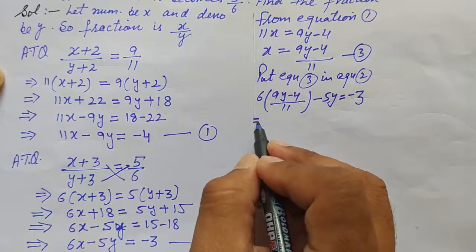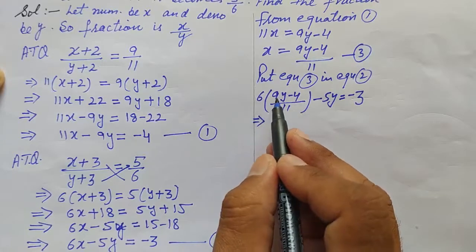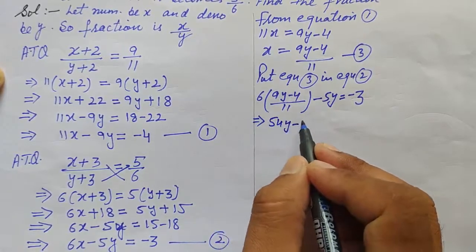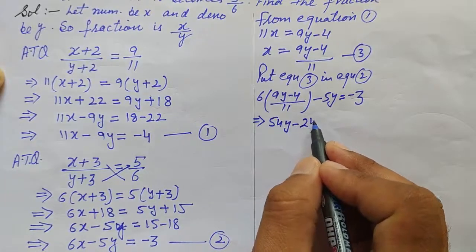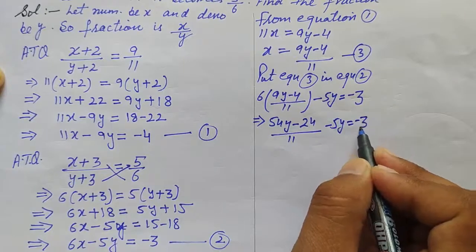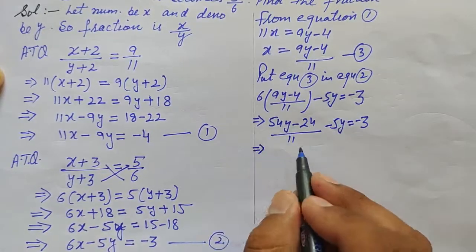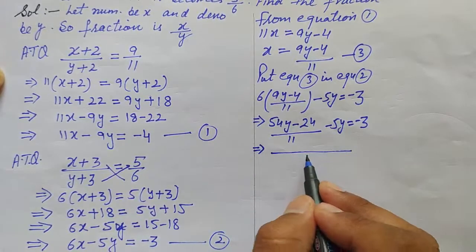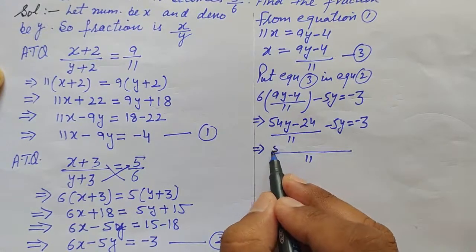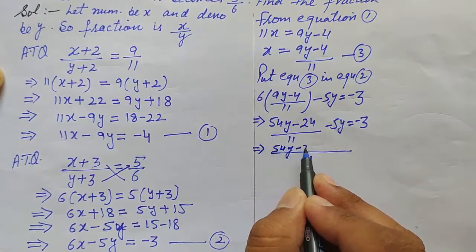So that implies multiply with 6 these two terms. So 9 6s are 54y minus 6 4s are 24 over 11 minus 5y is equal to minus 3. So that implies we'll take 11 as LCM here. So 11 1s are 11, so we'll multiply with 1. It becomes 54y minus 24.